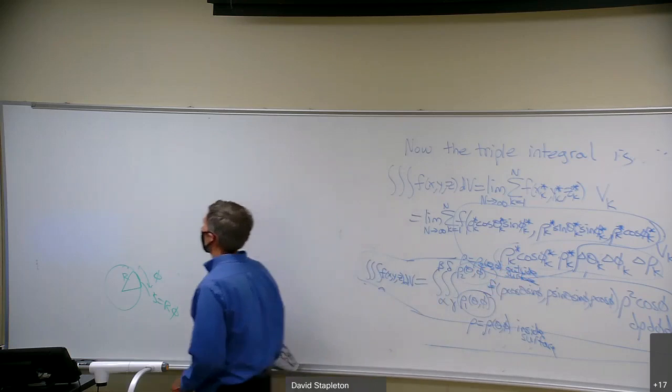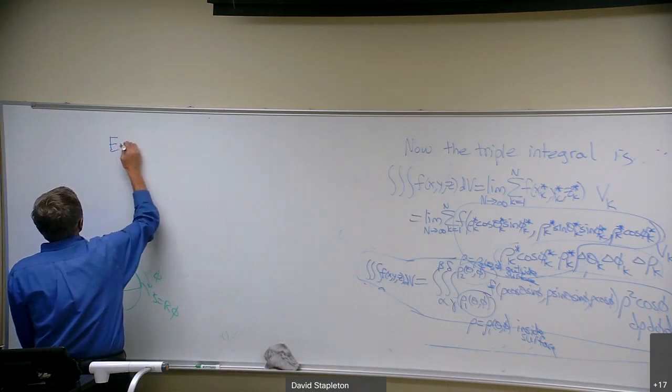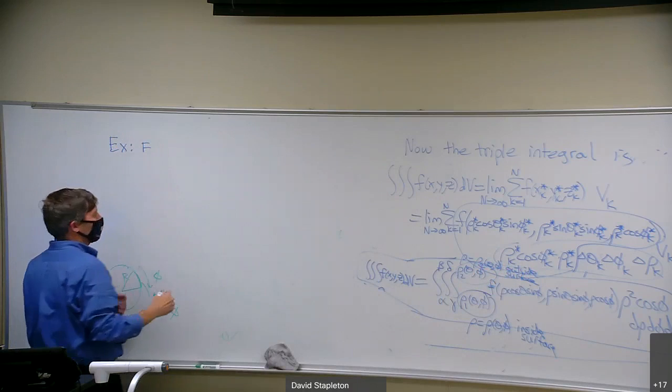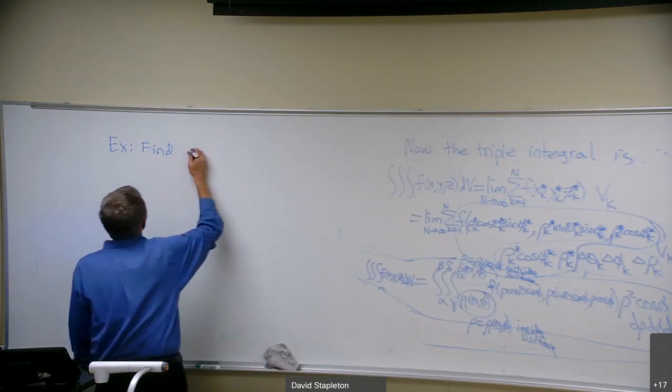And here's the kind of problem that this is screaming to evaluate. Suppose I wanted to find the volume of the ice cream cone, right? Every college student wants an ice cream cone, I hope.